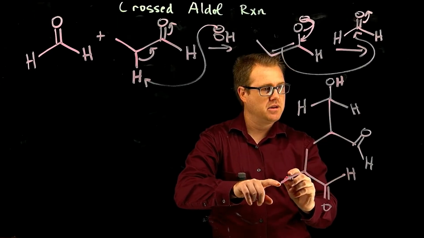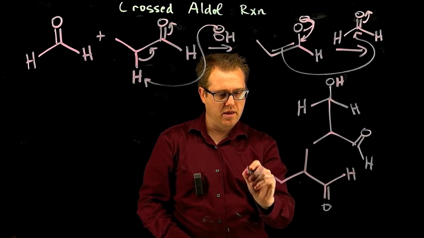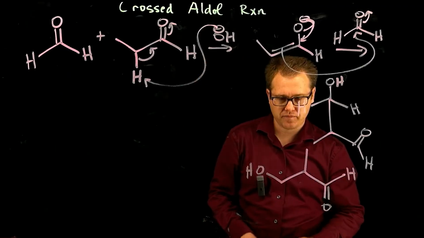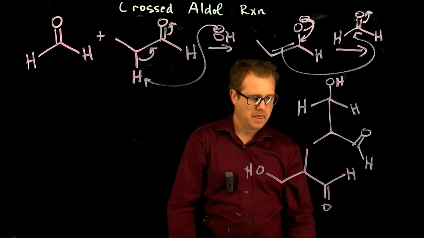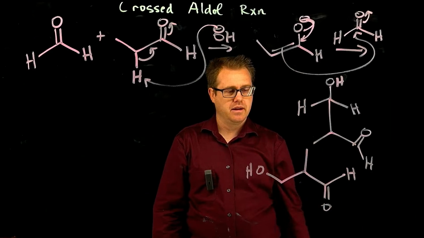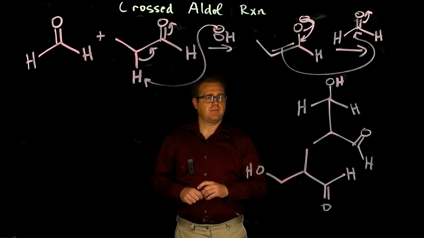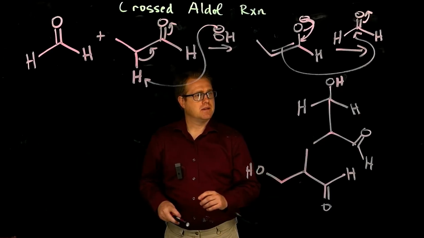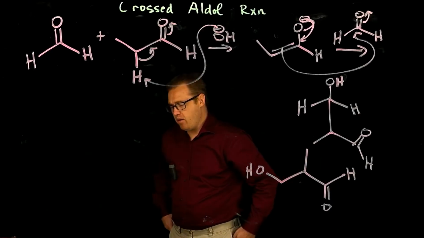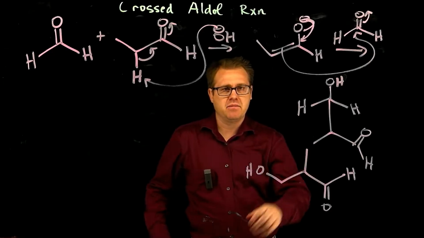And then this carbon, we could draw it like that if we'd like. Okay. 1, 2, 3. Yep, just like that. So that's that product. But now, so that right there is the major product.